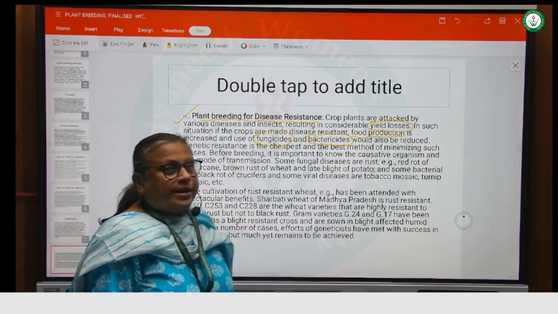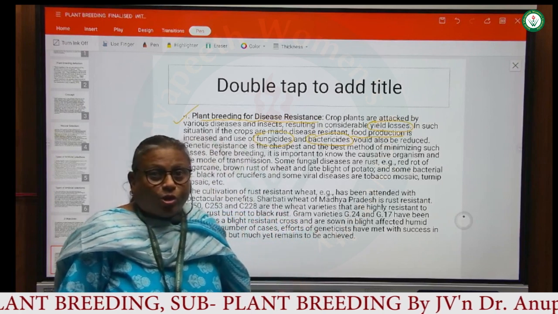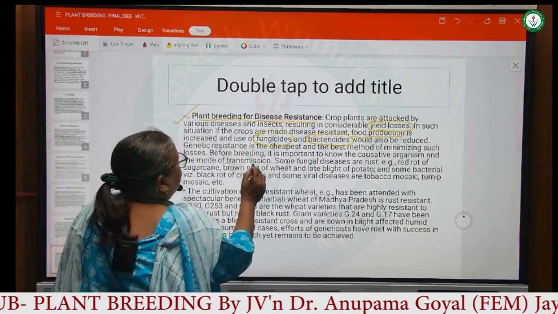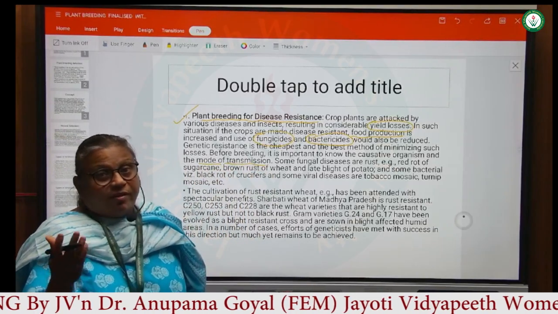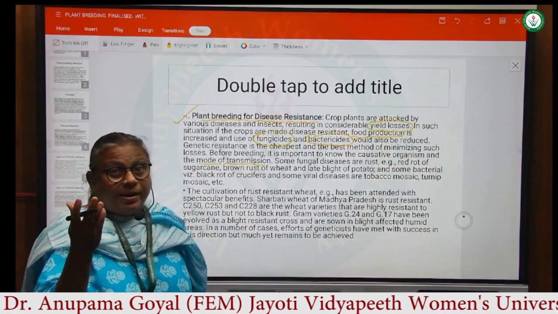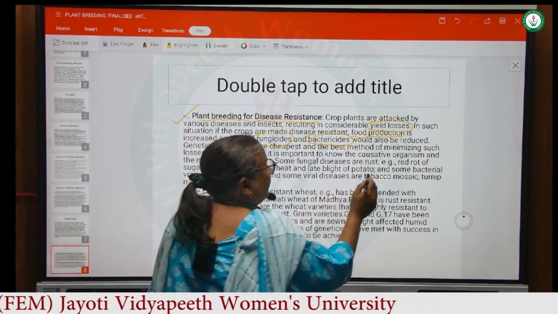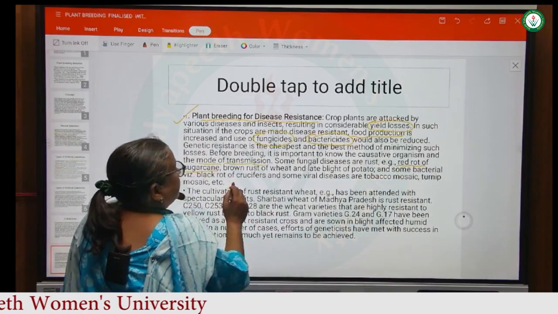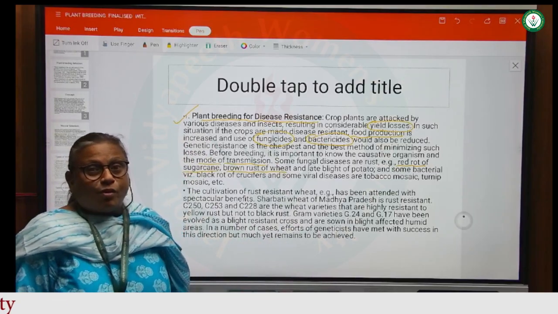Before breeding, it is important to know the causative organisms and the mode of transmission. Some fungal diseases are rust, which is caused by a fungus called Puccinia, red rot of sugarcane, brown rust of wheat, and late blight of potato.